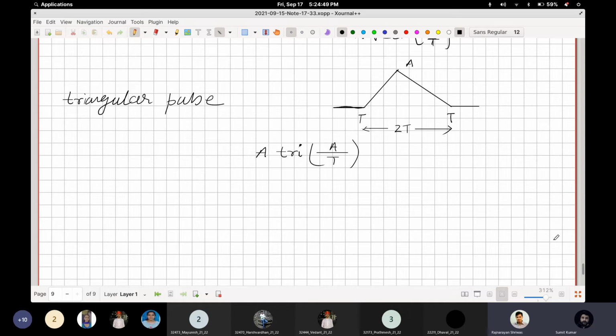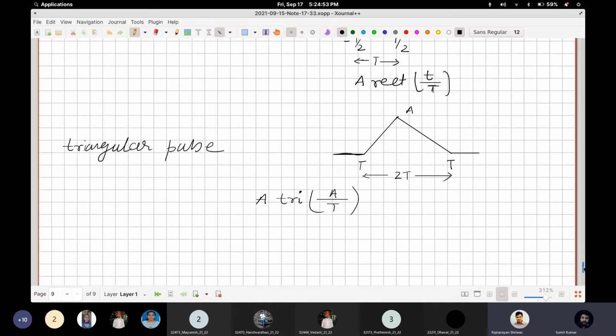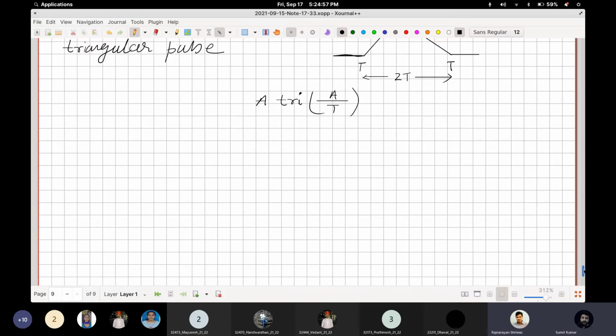Then this rectangle pulse, we use it a lot in communication. And then the sinc function, I think it is the most important function, which we communication people use a lot. So don't forget to watch that video. I will share the link, maybe in the next GATE class or in the WhatsApp group. You watch that video on the sinc function.